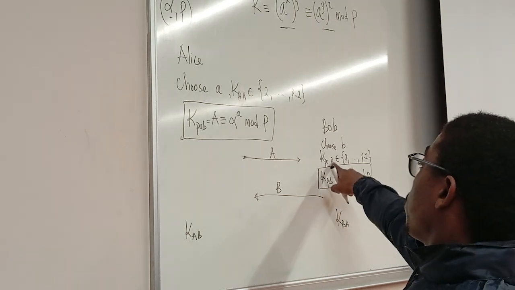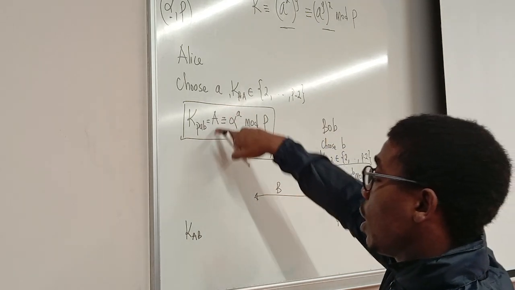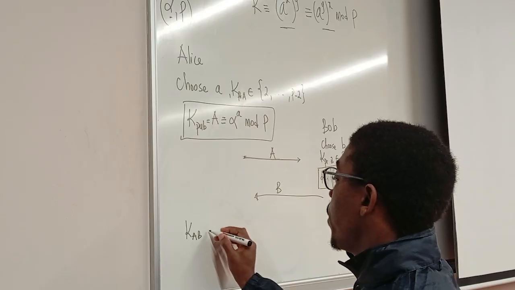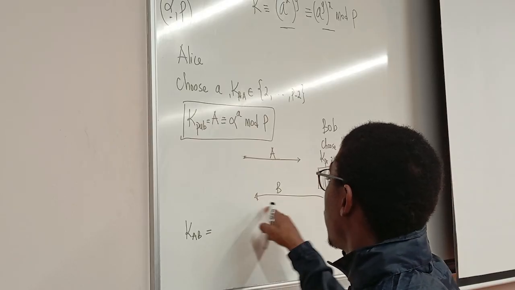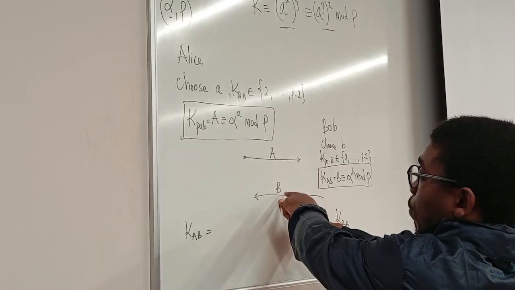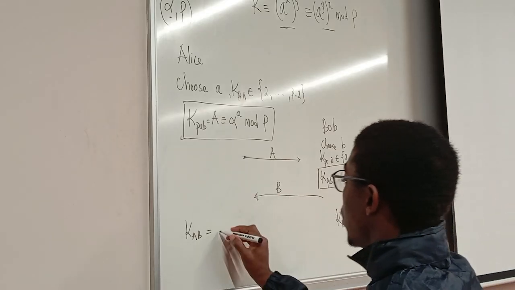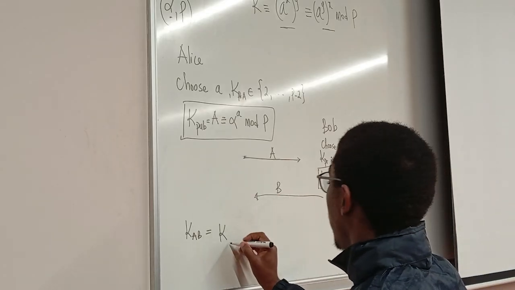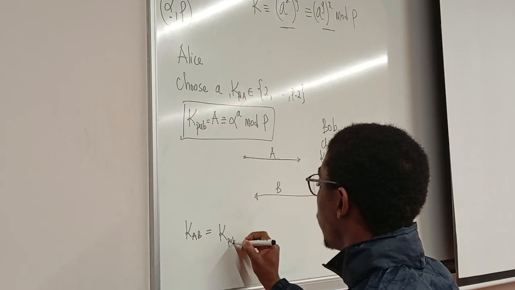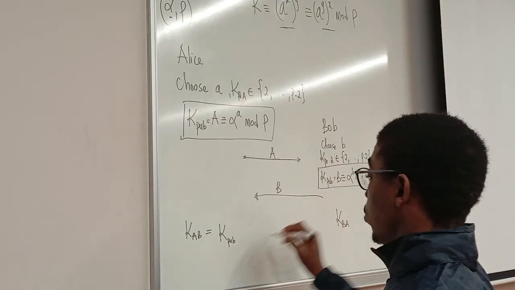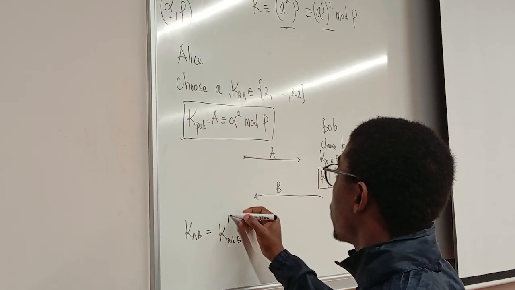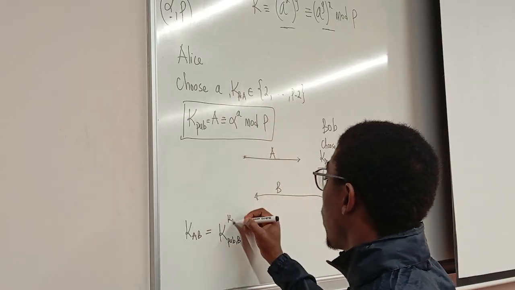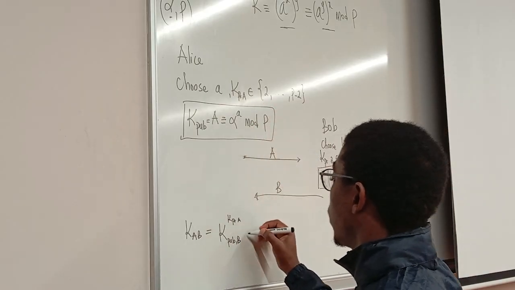Bob has B, Alice has A. Alice received B, the public key of Bob, and she's going to raise it to her private key, the private key of Alice.